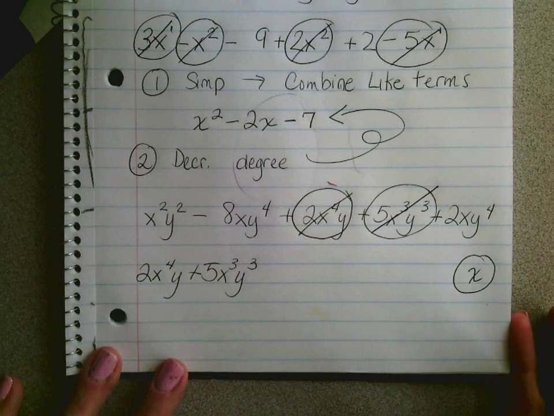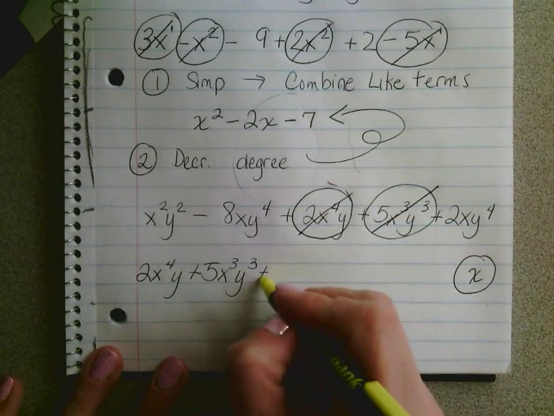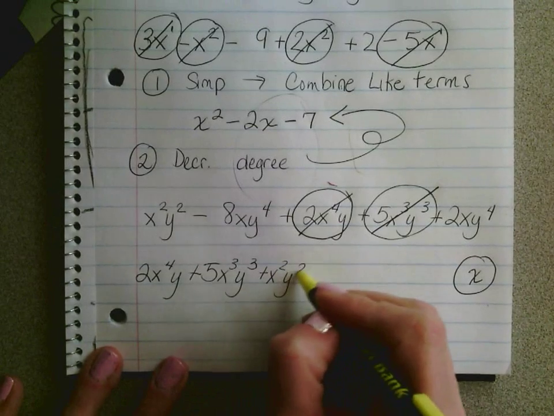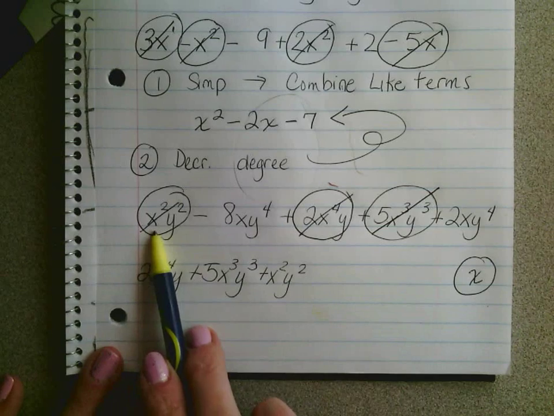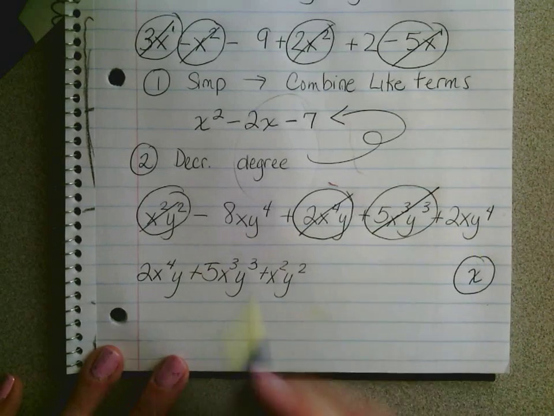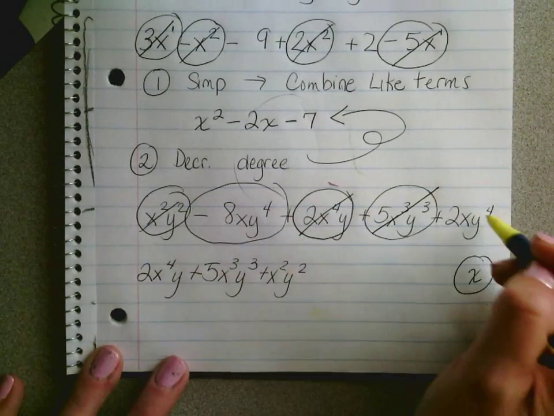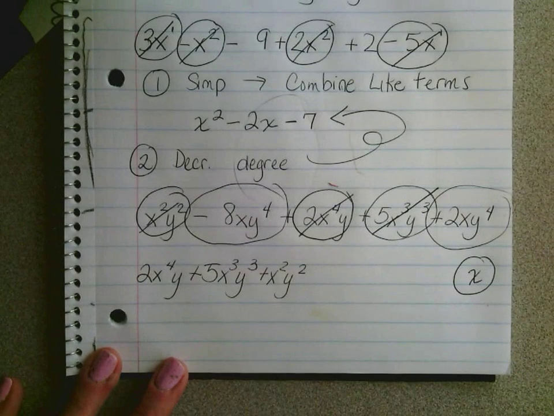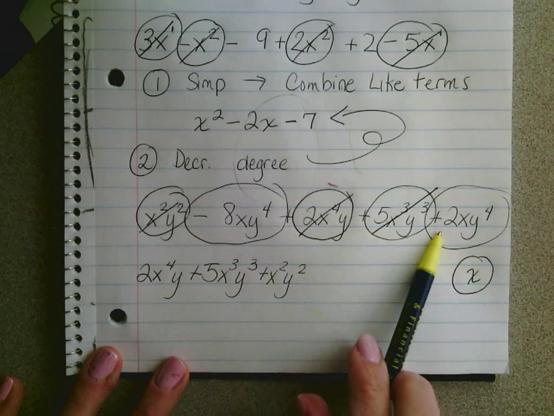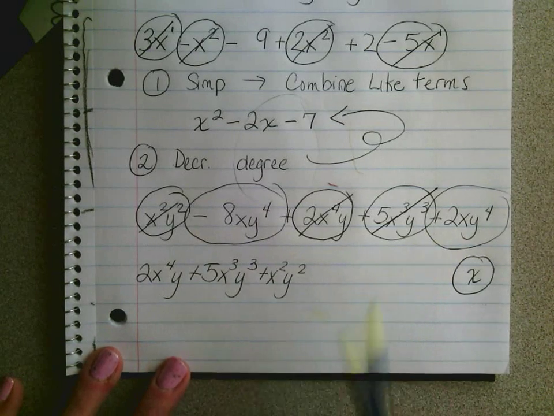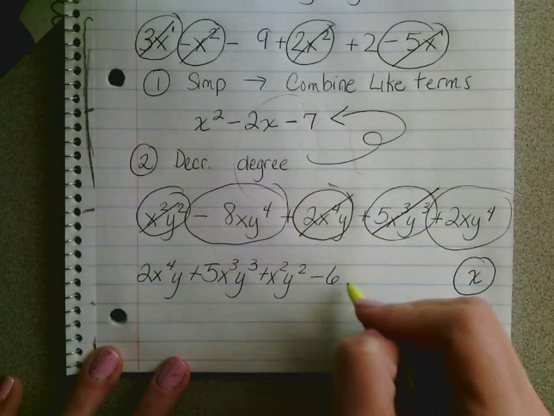What's going to be next? Good. Nothing to combine that with. xy4, xy4. Oh, look, we have something we can actually combine. -8, +2 is what? Yep.